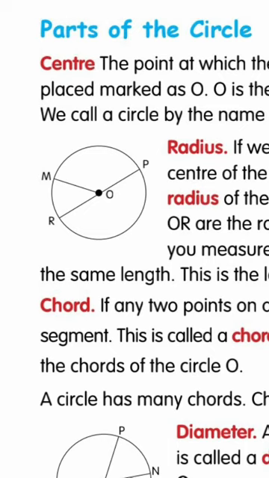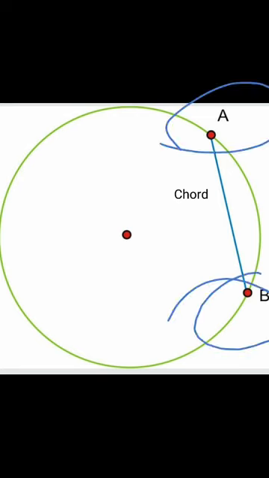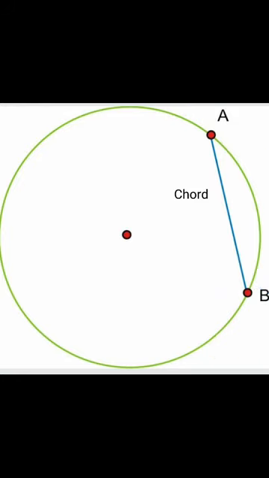Now our next part of the circle is a chord. What is a chord? If any 2 points on a circle are joined, for example, here A and B are the 2 points on the circle, when they are joined, we get a line segment. This line segment AB is called the chord of the circle.